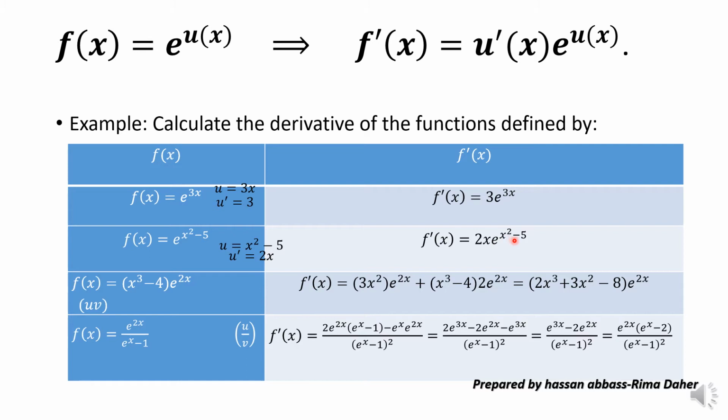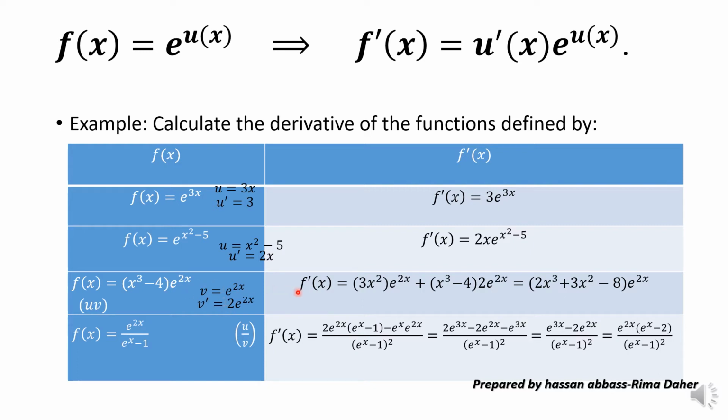If f of x equal x cubed minus 4 into e^(2x), this function is in the form of u dot v, where u equal x cubed minus 4 and v equal e^(2x). Then v prime equal 2e^(2x), since e^(2x) is in the form of exponential u, then v prime equal u prime e^u, where u equal 2x and u prime equal 2.